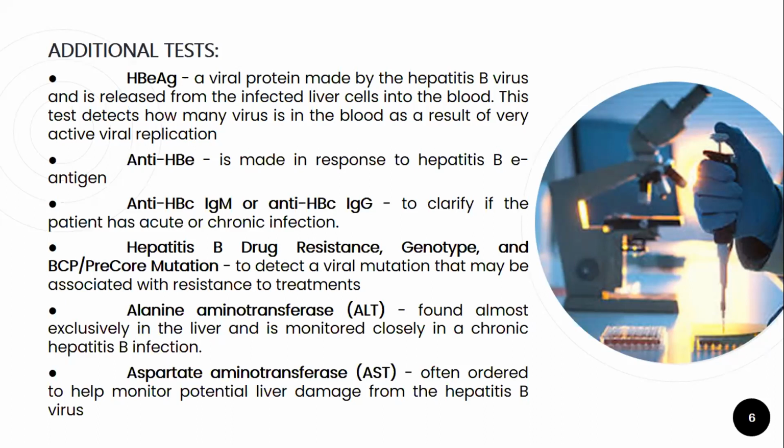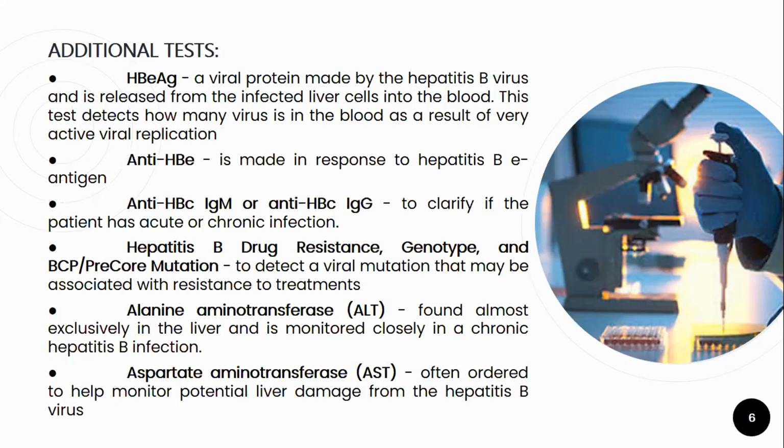Anti-HBc IgM is the first antibody formed against the core antigen and is an indicator of current or recent acute infection. This is also present during the core window period. Anti-HBc IgG is also present in all chronic infections.